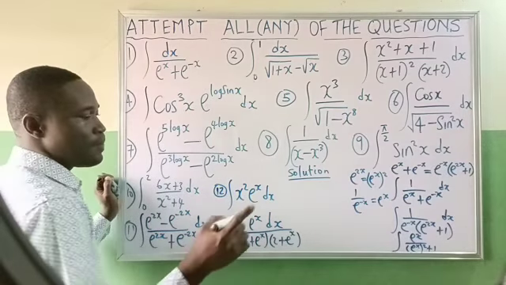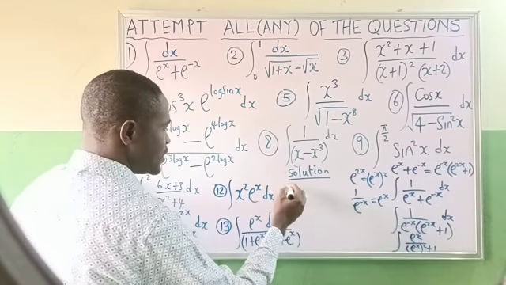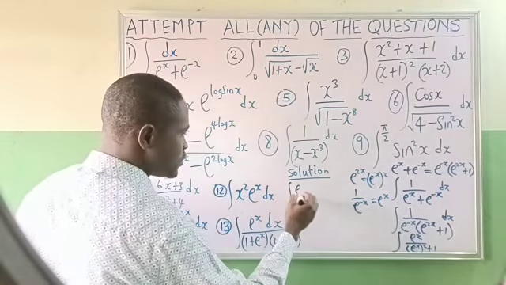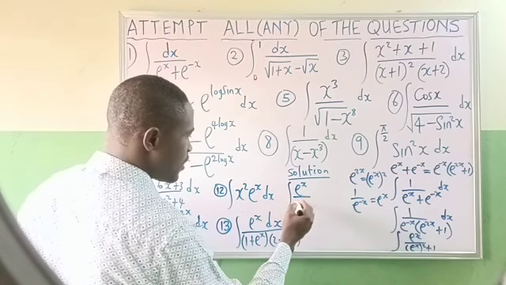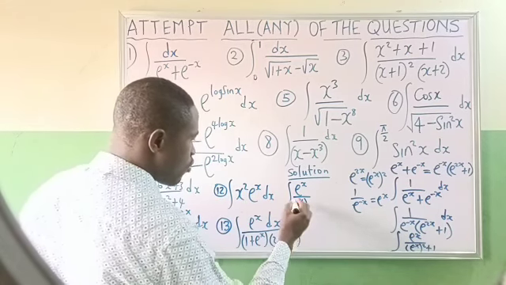Now this is integrating e^x all over e^x all squared plus 1.